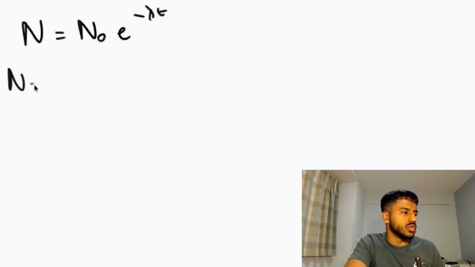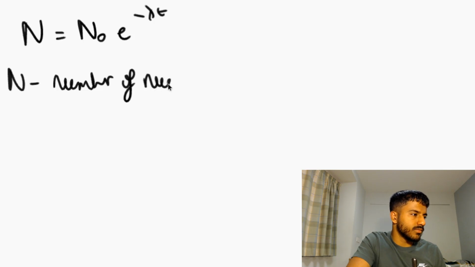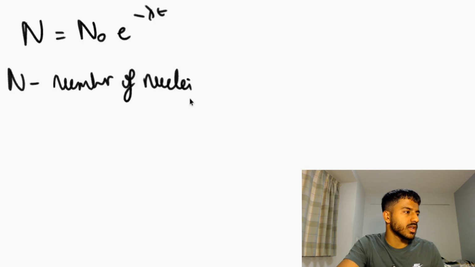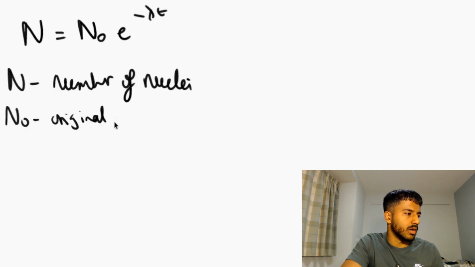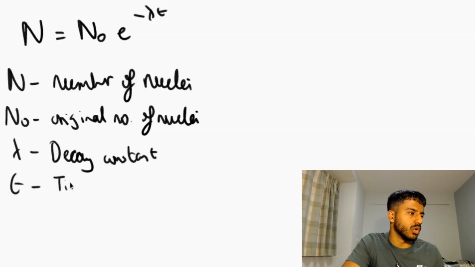Now, N is your number of nuclei at a particular time t. N naught was your original number of nuclei. Lambda is something known as your decay constant, and t is obviously your time.